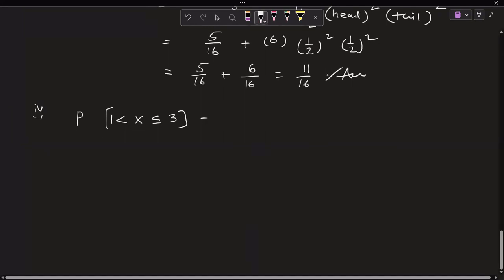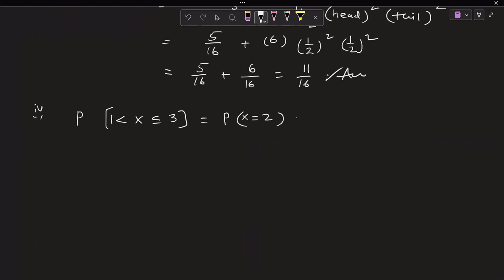More than 1 means what? P of X is equal to 2 and P of X is equal to 3. Okay, so what is P of X is equal to 2? Out of 4 coins, select 2 coins, and these 2 coins show heads and the remaining 2 coins show tail.